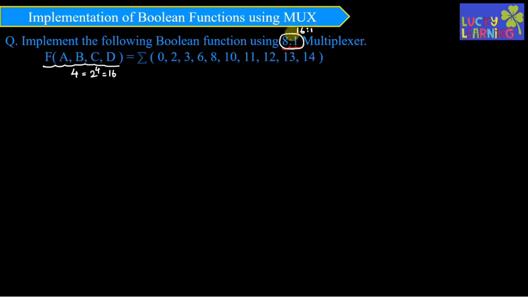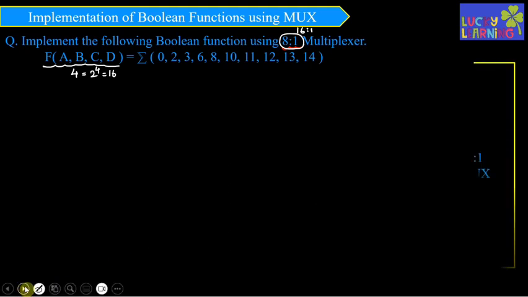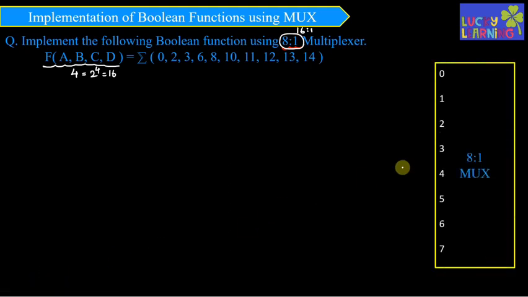Because it is to be implemented using an 8:1 multiplexer, look at what an 8:1 multiplexer has. 8 data inputs, which should be connected to the output function variable, right? Here, to have 8 data inputs, we always have to consider the 3 least significant variables to be connected to the select inputs, because 8 data inputs are possible.